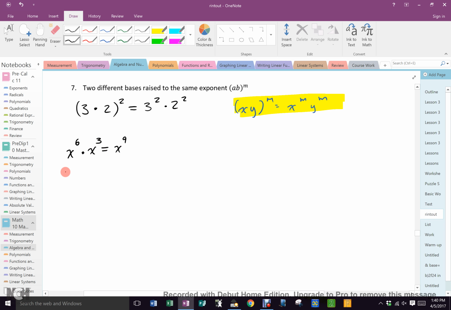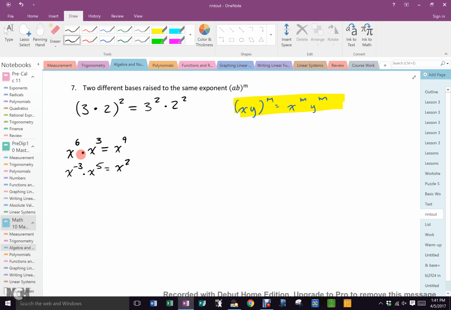Okay. What would x to the negative 3 times x to the 5th be? X to the power of 2. Now, Emily, why did you immediately go to 1 over? Because you didn't like that negative, right? But when you look at the whole question, what do you see? You see that these are the same base, right? So I can just go ahead and add them because it worked out. Everybody good?